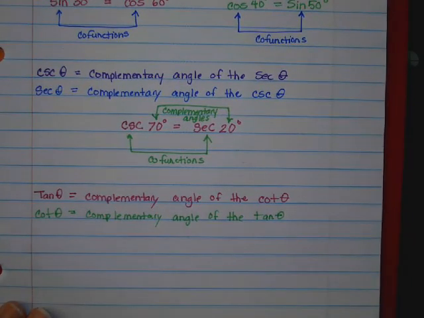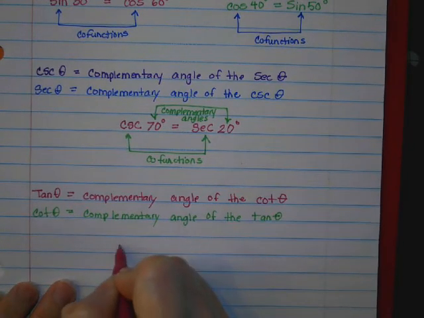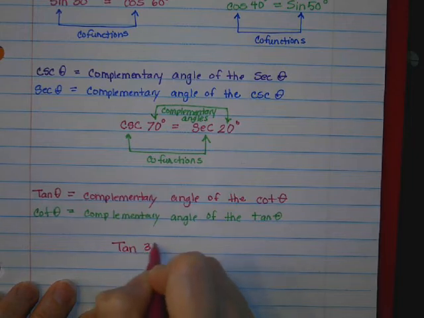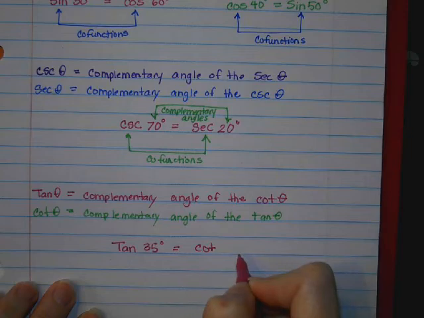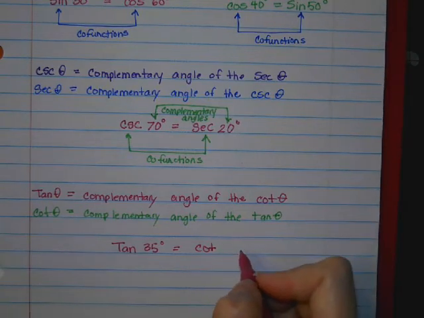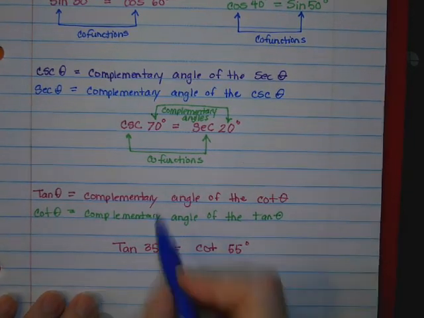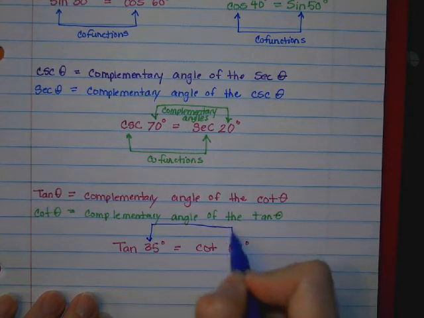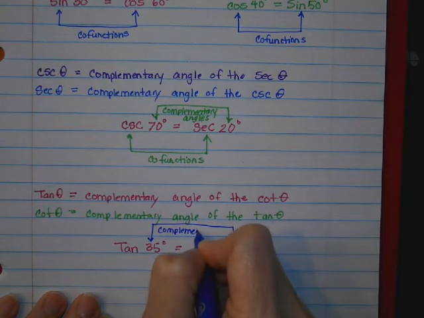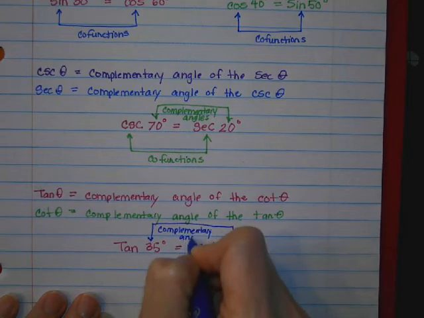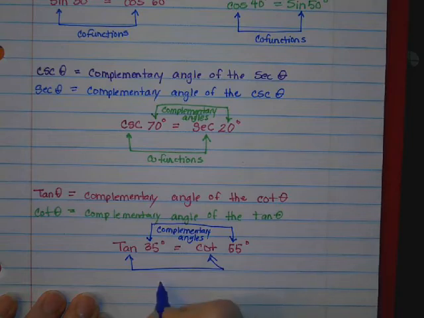Again, we'll just do one sample this time so you can have one to follow. Let's do the tangent of 35 degrees will be equal to the cotangent of 55 degrees. We'll make notes here: 35 and 55 are complementary angles, and your tangent and cotangent are cofunctions.